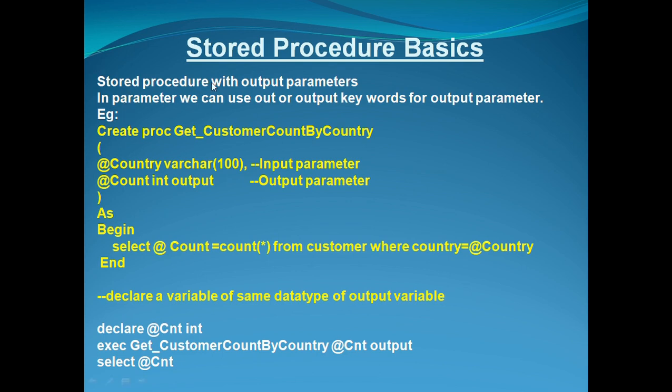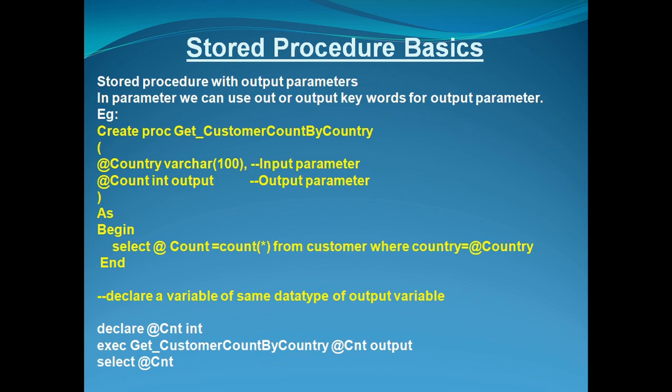Okay, and next, the stored procedure with output parameters. For an output parameter we can use the OUT or OUTPUT keyword, just like get customer count by country. You want to get a customer country count. Here we can pass the country as an input parameter and count as the output parameter, and we will return the number of counts to this variable.